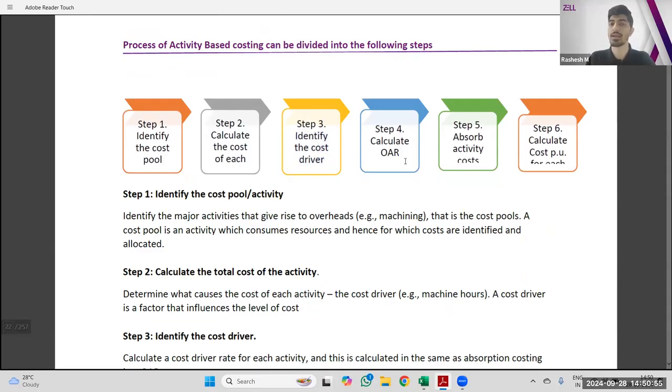For that driver, I find out my overhead absorption rate. I absorb it using that activity overhead absorption rate. And finally, I calculate my cost per unit. So it's a similar order of 6 steps. Usually in an exam scenario, the first 3 are given and done, because these are something you fetch out of a system. You are not expected to magically know what is a cost driver for some cost, correct? So in an exam question, that's something that will always be given to you.